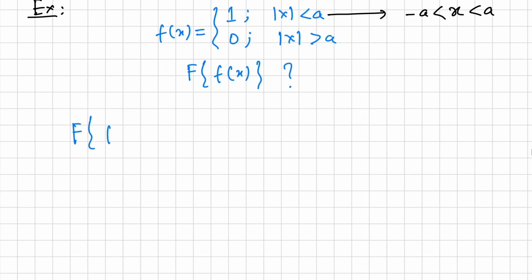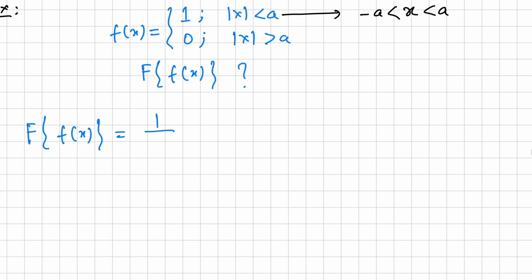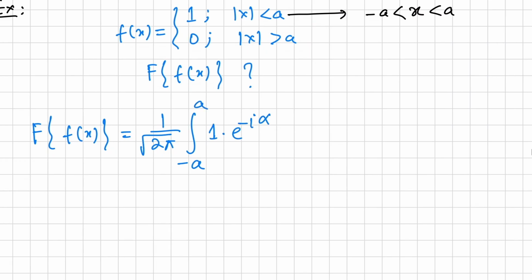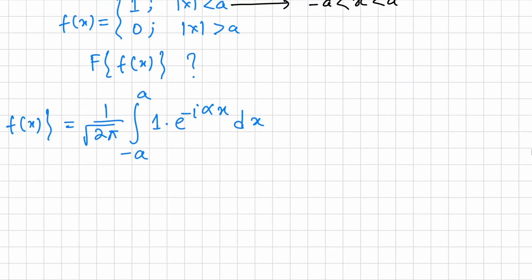Therefore, the Fourier transform of f of x would just be given by 1 over square root of 2 pi times the integral going from minus a to a 1 into e to the power minus i alpha x dx, which then transforms into 1 over square root of 2 pi integral going from minus a to a e to the power minus i alpha x dx.